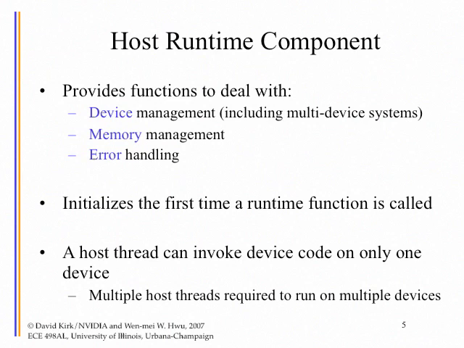Remember, in the host code, we actually allocated memory and allocated device memory and all that. So those are the host-side runtime functions. You need to be able to do error handling. Whenever there's a floating point trap in something, the host-side runtime would need to report that. And it initializes the first time a runtime function is called, and a host thread can invoke device code only on one device.